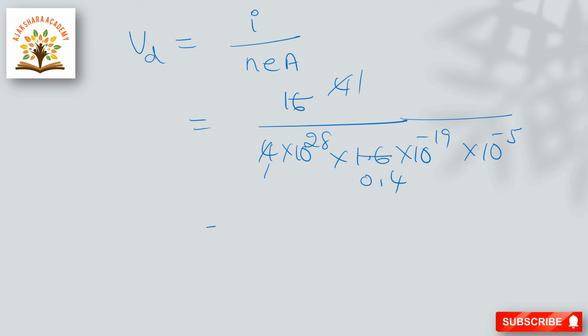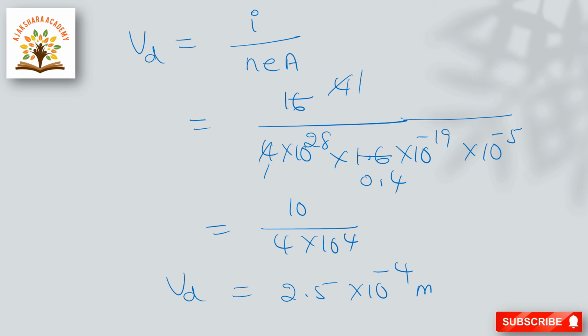So that is equal to 10 by 4 into 10 to the power of 4. So Vd is equal to 2.5 into 10 to the power of minus 4 meters per second. This is the drift velocity. Okay, next we will go to the next question.